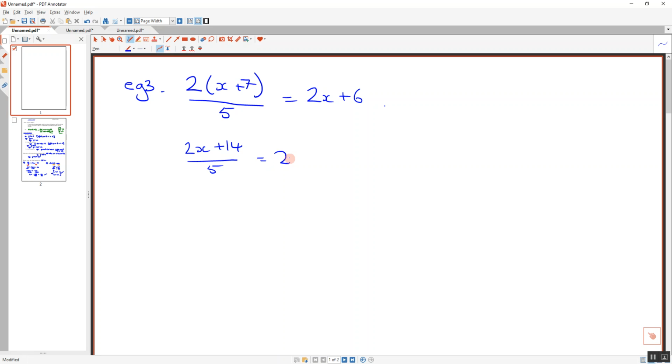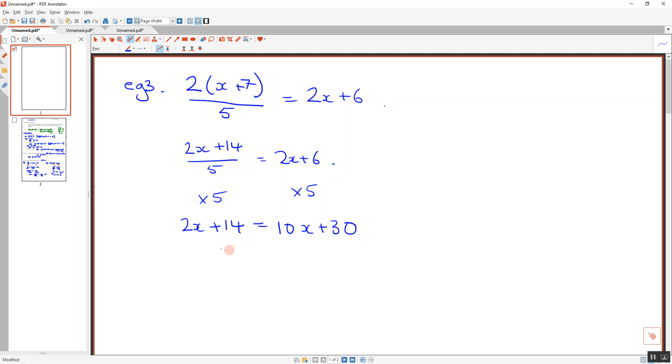At this point, when I multiply both sides by 5, what do I get? 2x plus 14 equals 10x plus 30.